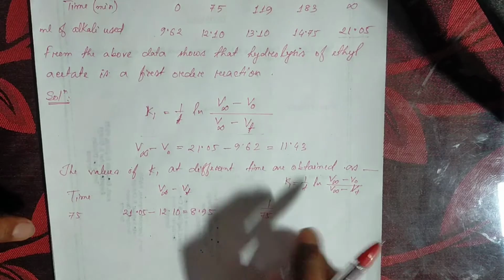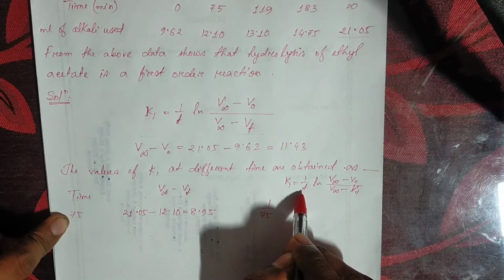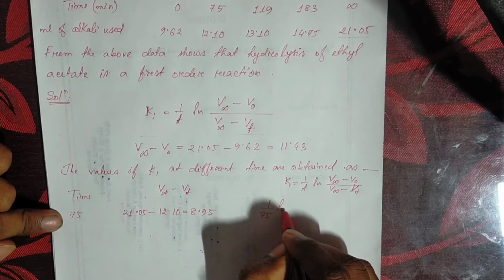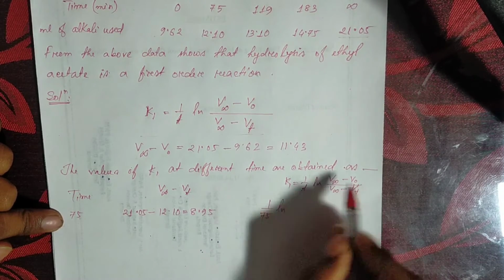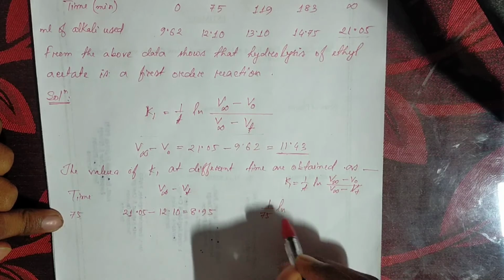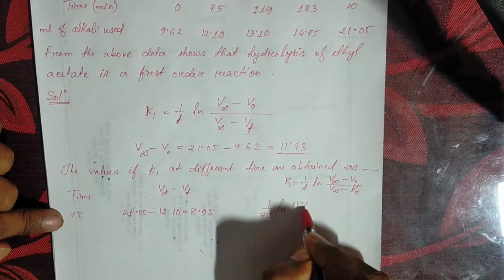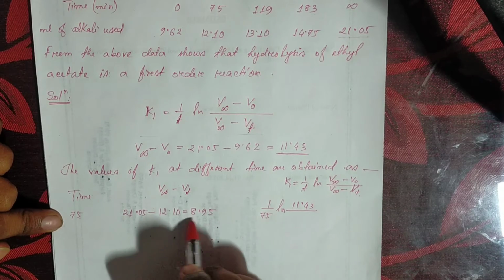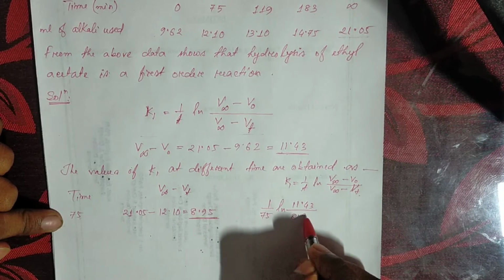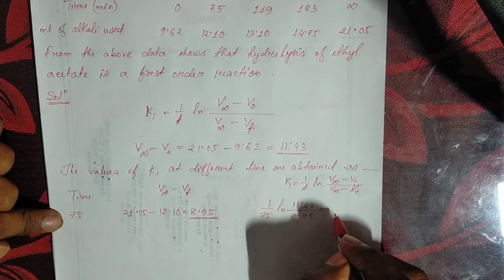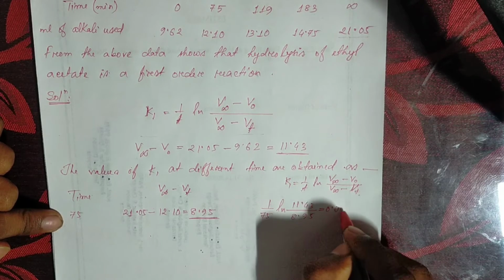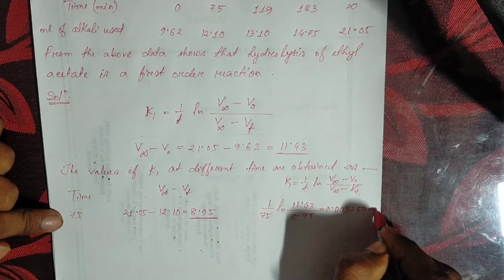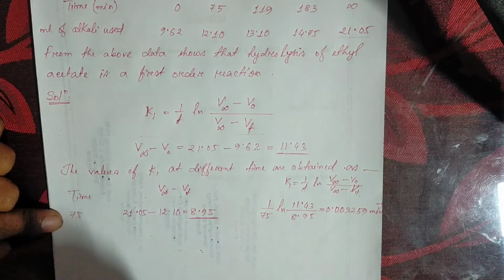So we put 75 here as t: 1 by 75 ln V infinity minus V naught, as we have calculated, 11.43, divided by V infinity minus Vt, that means this part, 8.95. It will give 0.003259 minute inverse.